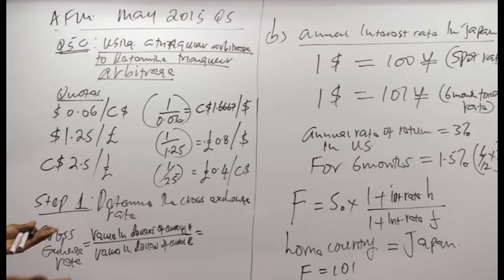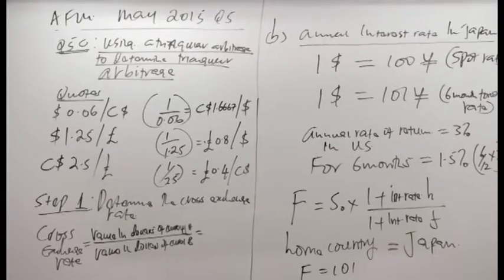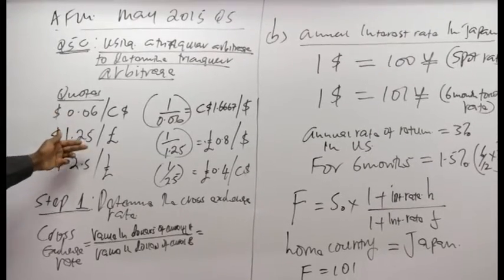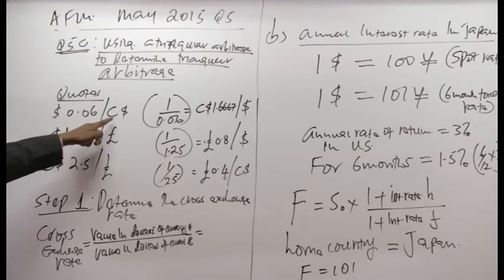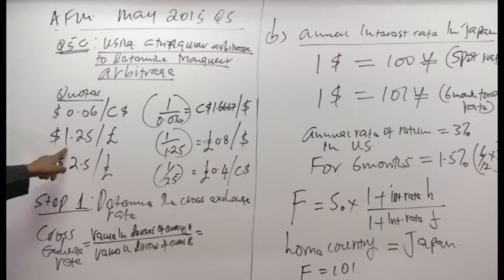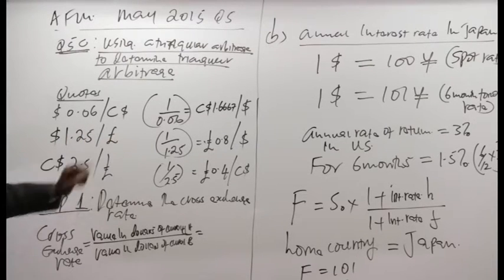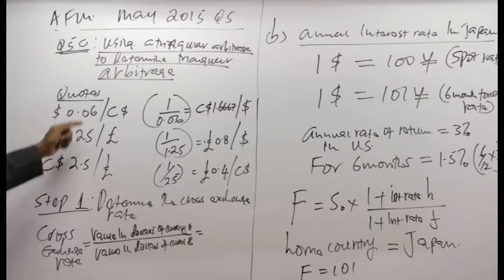Now, which is the common quote that is given in dollars? You can look at this and realize that there is a common item here. There is dollars. There is $0.06 for Canadian dollar, $1.25 for 1 pound. So we cannot use this, or we cannot use this.